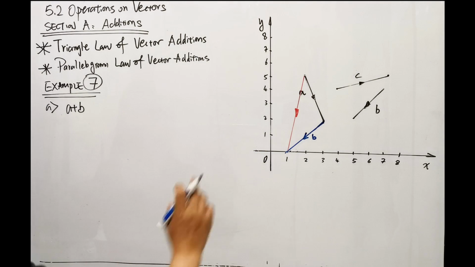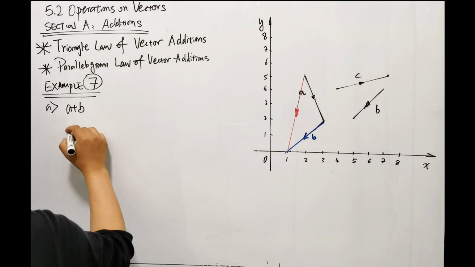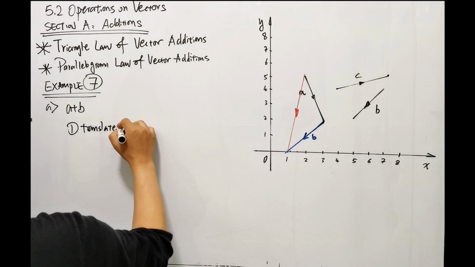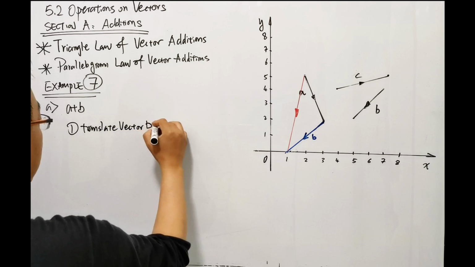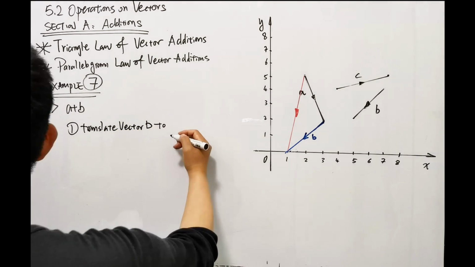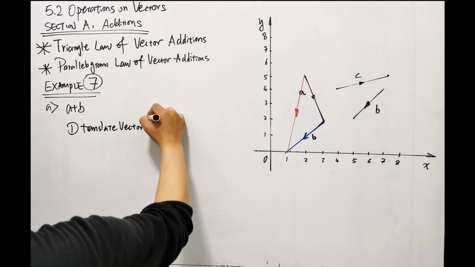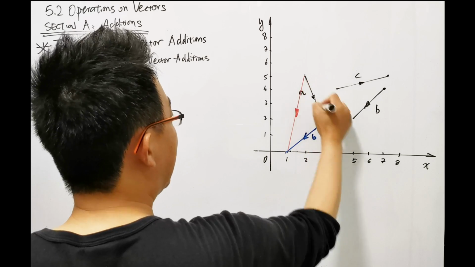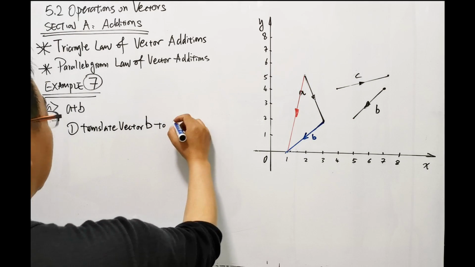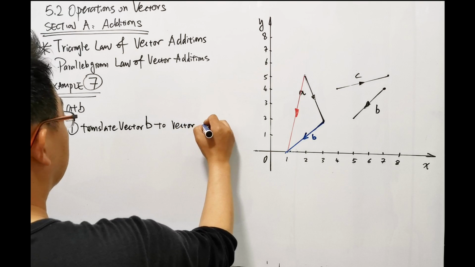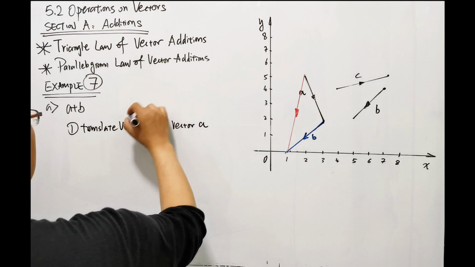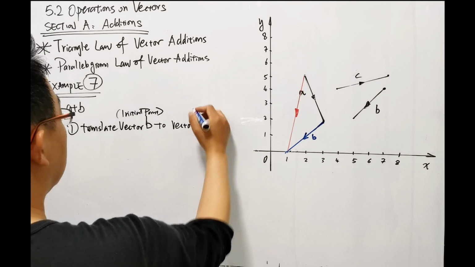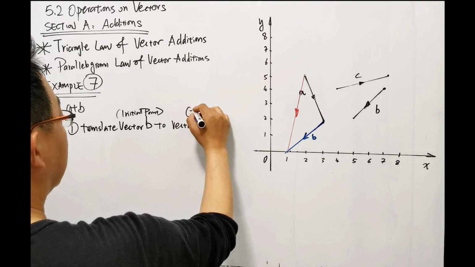So basically, step 1 is to translate vector b's initial point to vector a's terminal point.